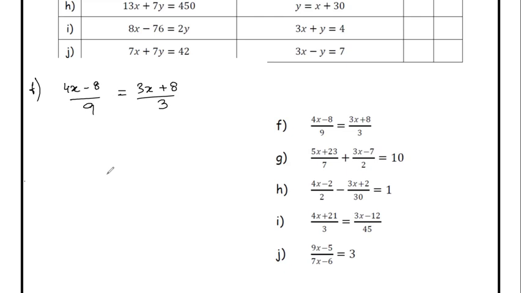Now, you got to multiply by a common multiple of 9 and 3, and that is 9. So you multiply 9 on both sides. So when I multiply 9 on left hand side, I get 4x minus 8. And when I multiply 9 on the right hand side, I get 9 over 3, which is 3 times 3x plus 8. Got it?